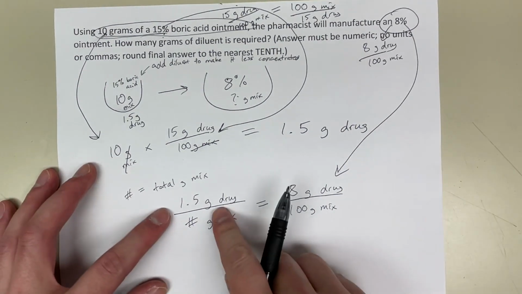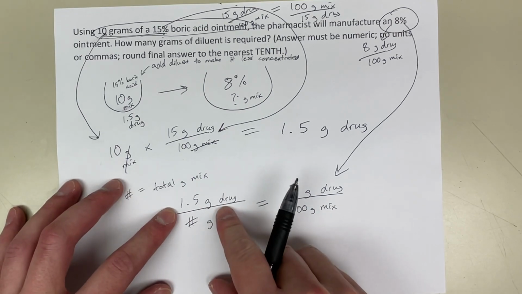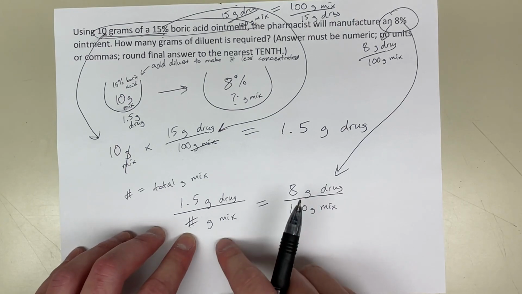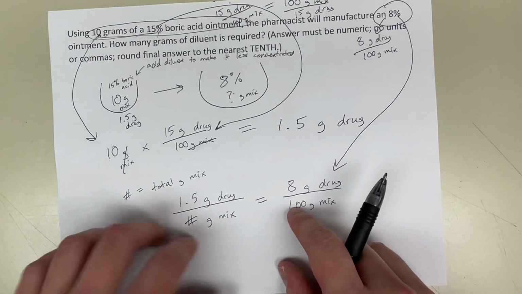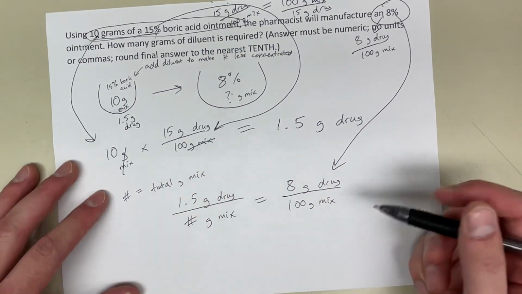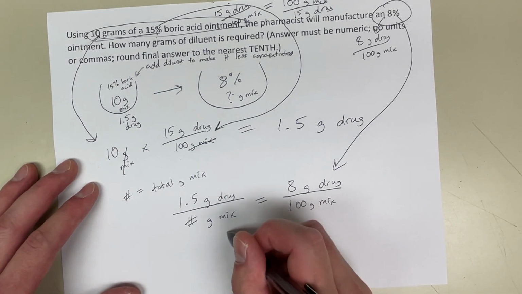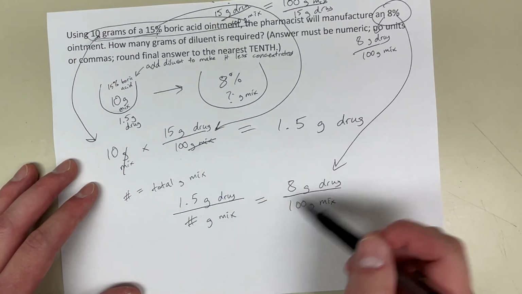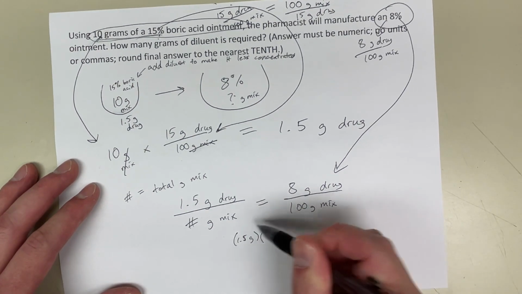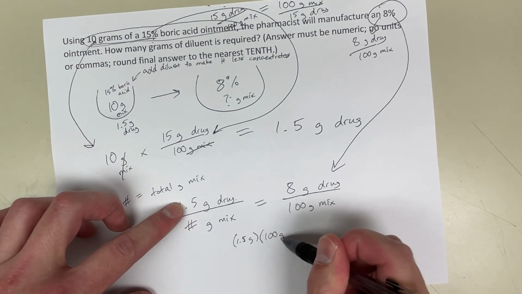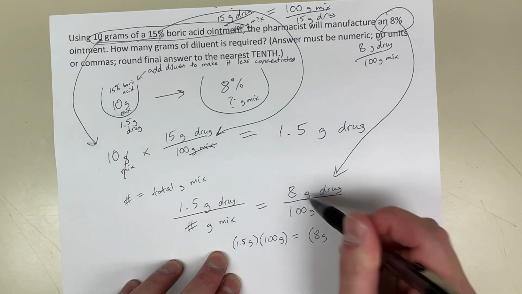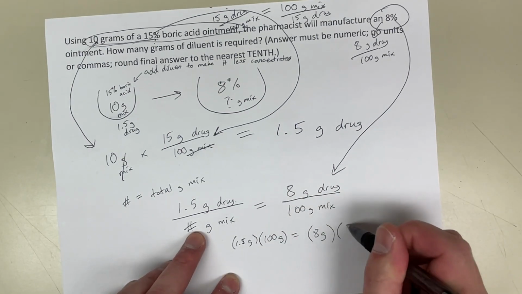Because I'm setting what I have so far, 1.5 grams of drug, over the total amount in the mixture, which I don't know, equal to the 8% concentration. If I were to solve for that, you can cross multiply, which is what I usually do: 1.5 grams times 100 grams of mixture equals 8 grams times whatever this number sign is.